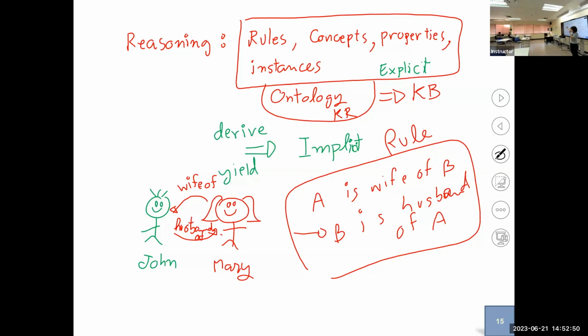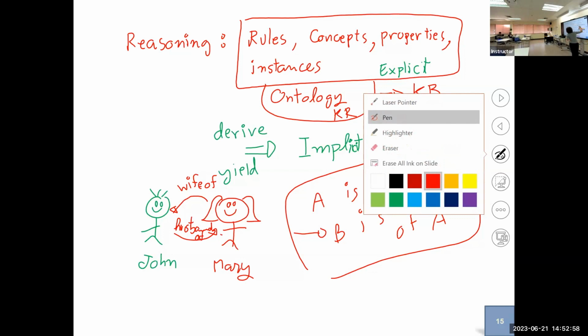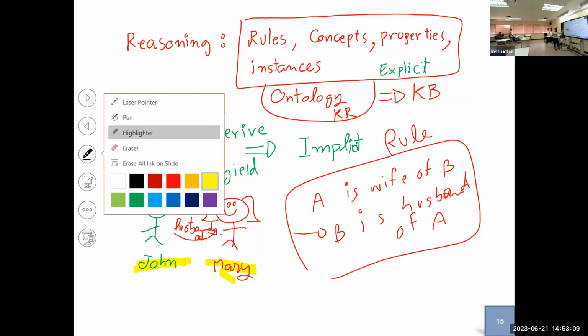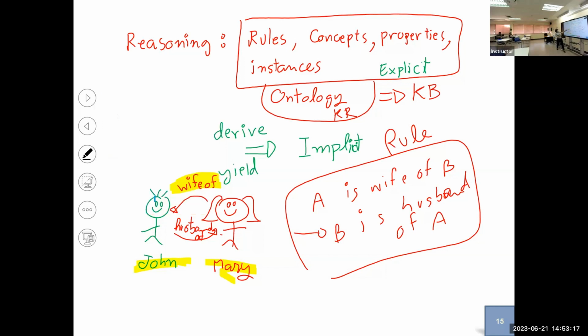But if we give this knowledge to a computer, and we tell the computer only this fact, then, I am always confused, sometimes it happens here, sometimes it moves there. This kind of bar. Okay, this yellow is explicit things.